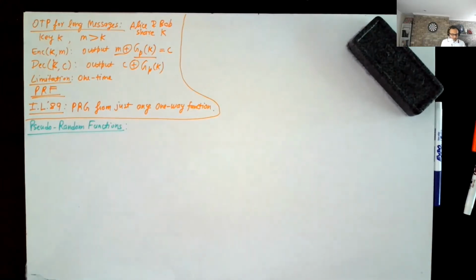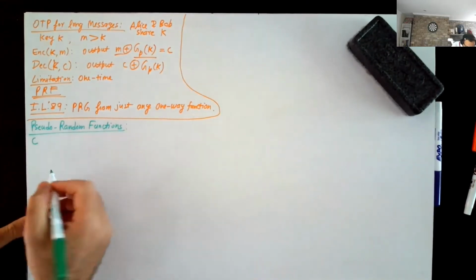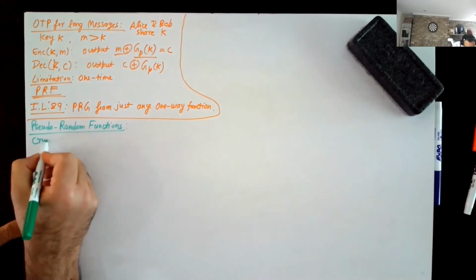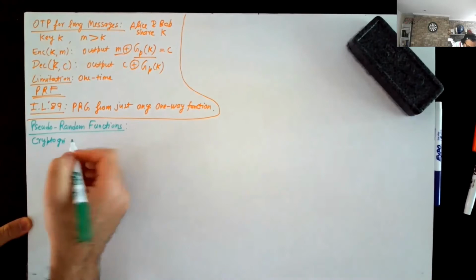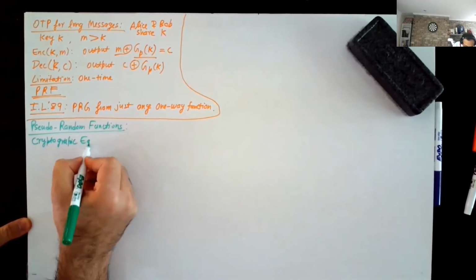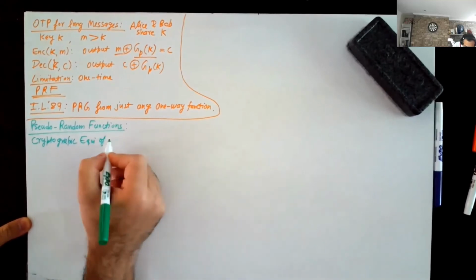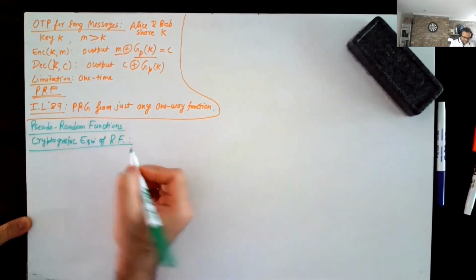Pseudo-random functions, in some sense, are a cryptographic equivalent of random functions. And what is a random function?